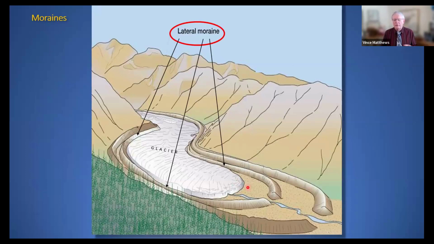And these are from the glacial ice wasting away by melting. As the ice melts away, the glacier gets narrower, and it retreats up the valley. And it also gets lower in elevation. So you can see that this lateral moraine here is lower in elevation than the one here.